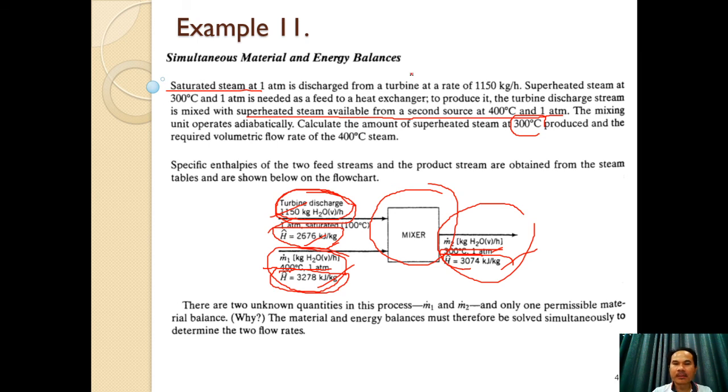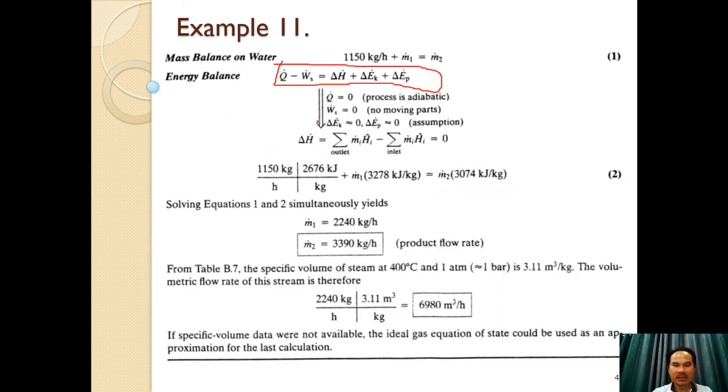There is no heat transfer between system and environment, Q equals 0. There is no shaft work, no kinetic energy, and no potential energy. Finally, you get delta H equal to 0.